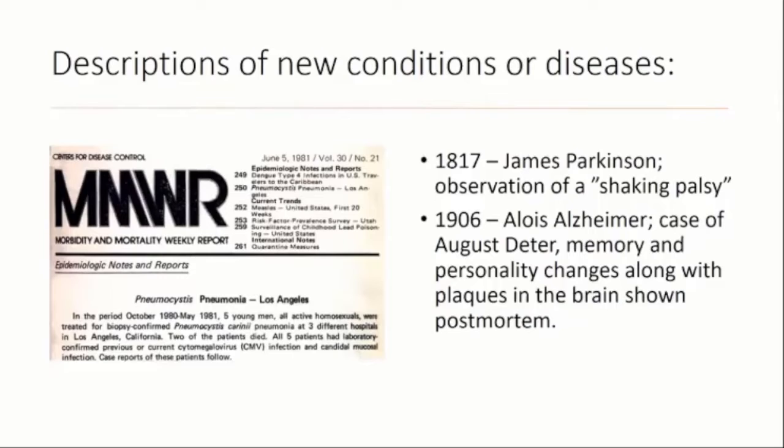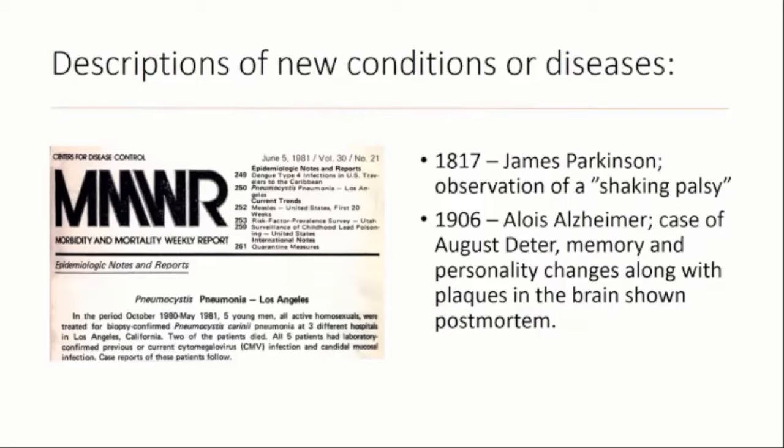It's very, very rare. So these were being seen in young individuals who wouldn't normally catch something like this. And then a few weeks later, there was another report in the CDC weekly report about several young men that talked about Kaposi sarcoma. So these were the first accounts of HIV and AIDS.